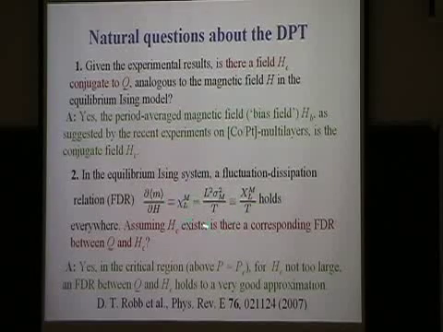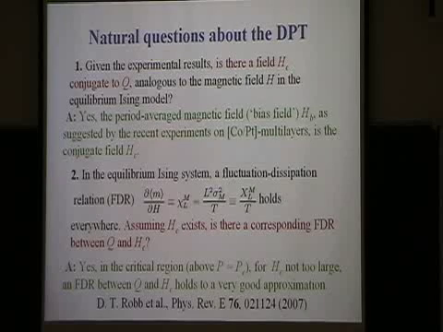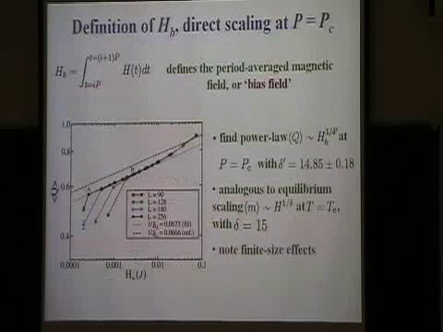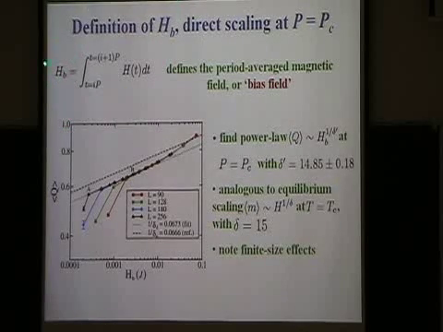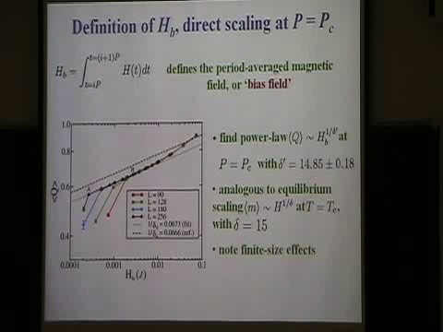And so does this hold? Again, we have shown numerically that it holds, but only really in the critical region, in the dynamic critical region. Okay, so here, as I say, I define this as my bias field. We've done this in the simulations just by adding a small constant field.